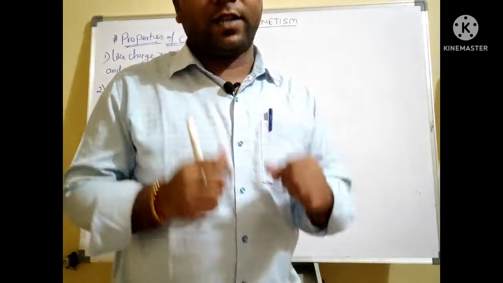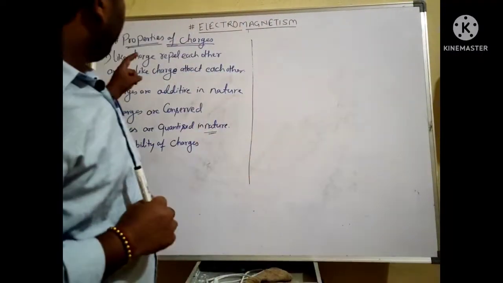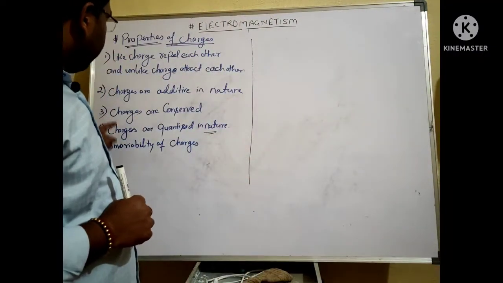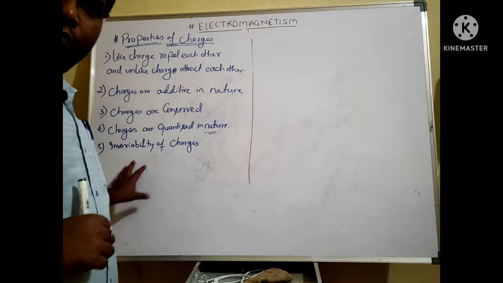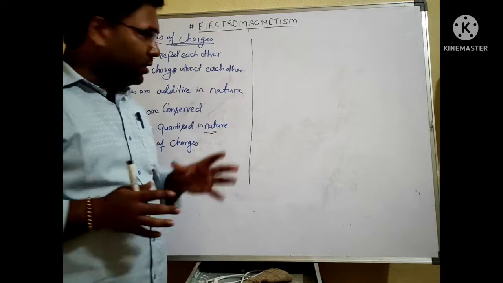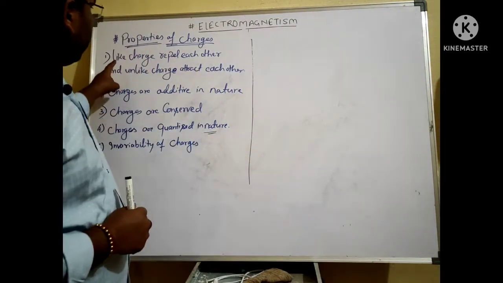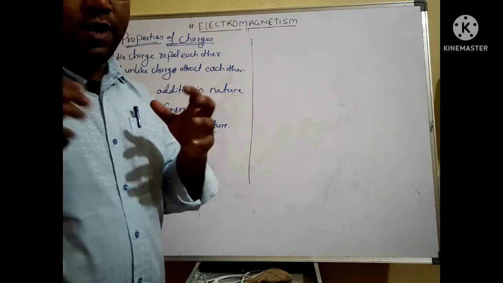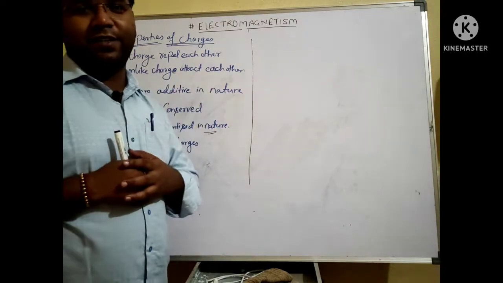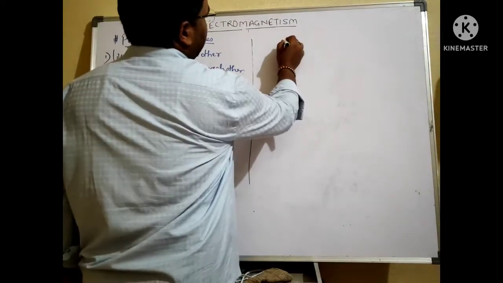We are going to understand the properties of the charges. The properties are listed on this board, and today we are going to understand their meaning. From the first, it is written that like charges repel each other, whereas unlike charges attract each other.